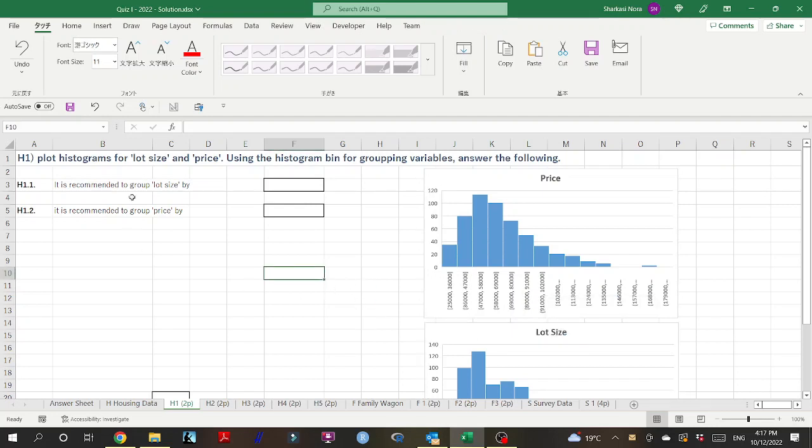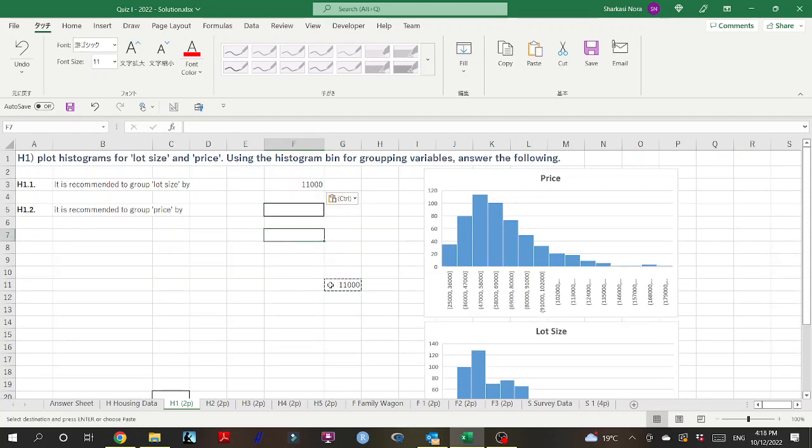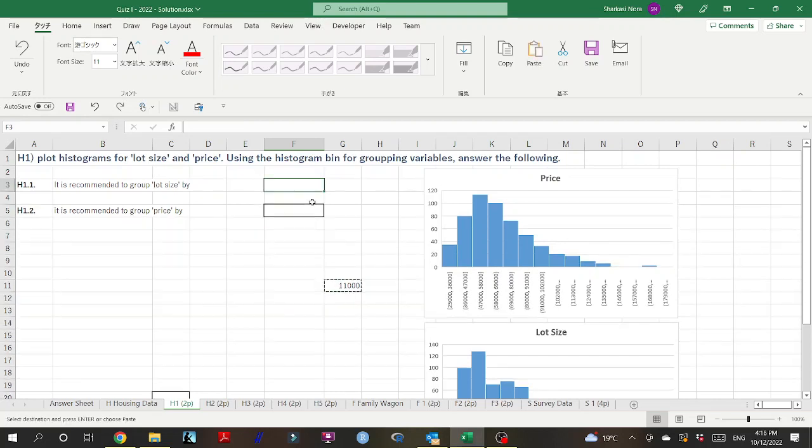Okay. So now, what is the bin size here? The bin size is 3,000. No, it's actually 36,000 minus 25,000, and that would be 11,000. That would be the bin size for price. All right. And you know what?